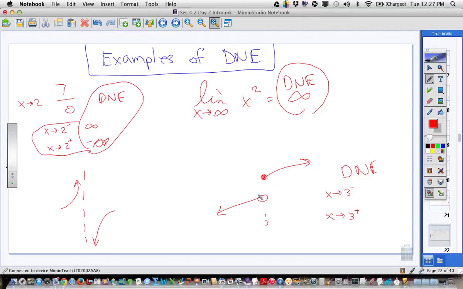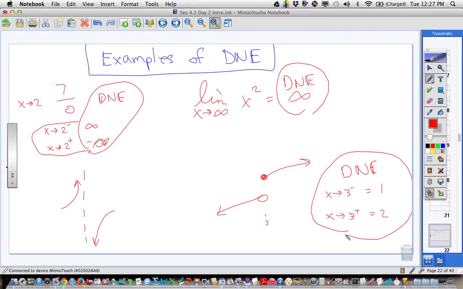Now maybe this is a value of 1 from the left, and maybe this is a value of 2 from the right. So instead of going to infinity and negative infinity, like in a vertical asymptote situation, we might have a piecewise function situation. The limit doesn't exist. That's about all I can think of with does not exist. Limit does not exist.